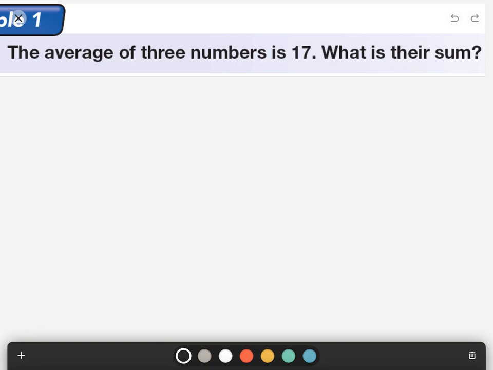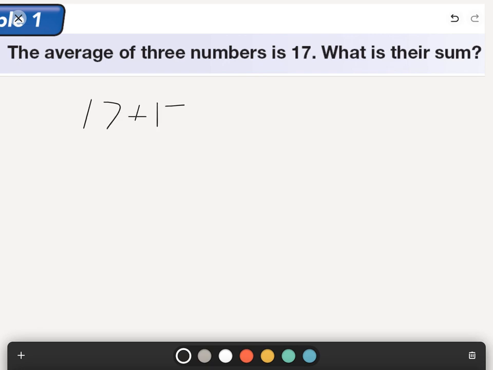Yeah. 10 plus 4 plus 3? No. Average. The average, so there's 3 numbers, and if you average them, it'll be 17. It is pretty mentally mathy. Okay, 17 plus 17 plus 17.